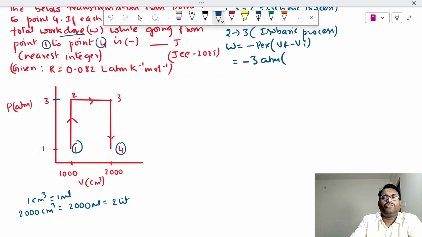So 2 liters minus 1 liter gives minus 3 atmospheres into liters.